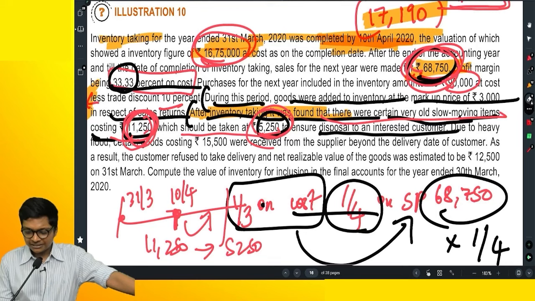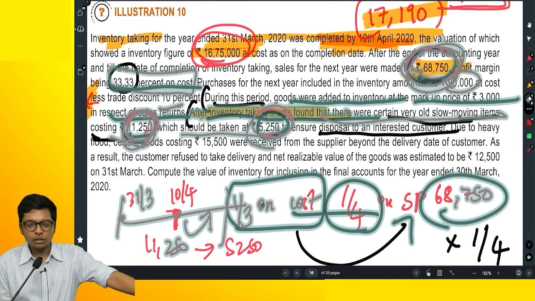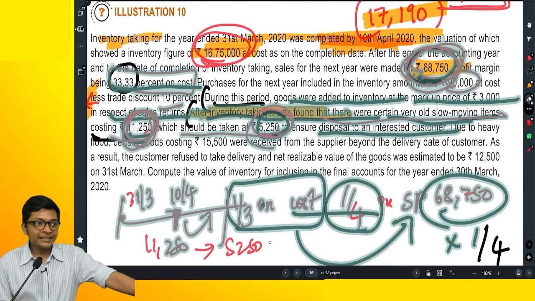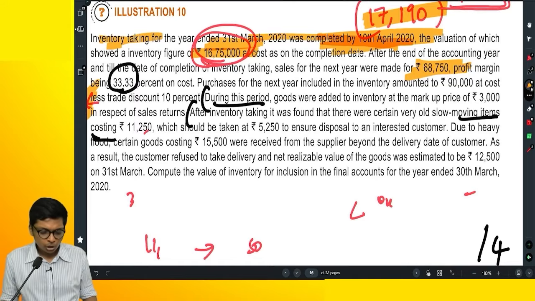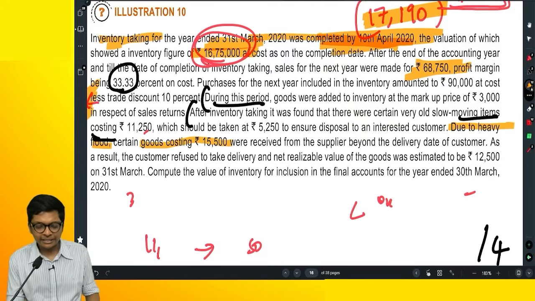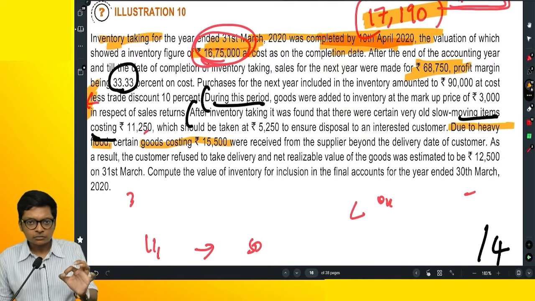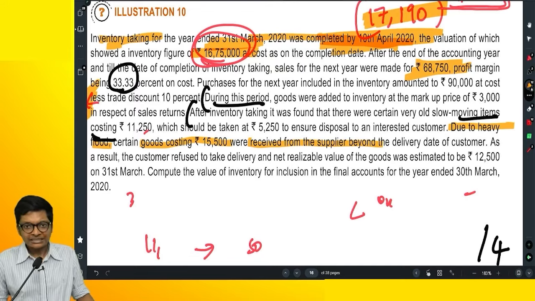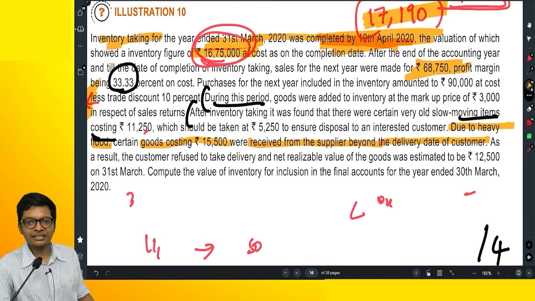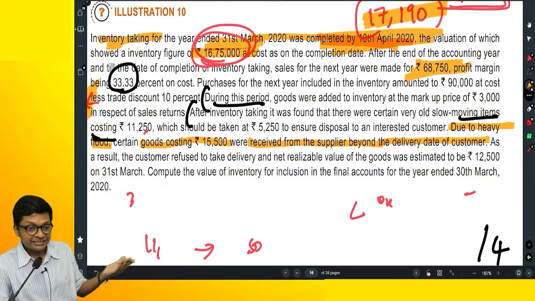Simple one. This is application of sale or return basis chapter to an extent. Easy chapter. Due to heavy flood, certain goods costing 15,500 were received from the supplier beyond the delivery date of customer. That means supplier na yaar?